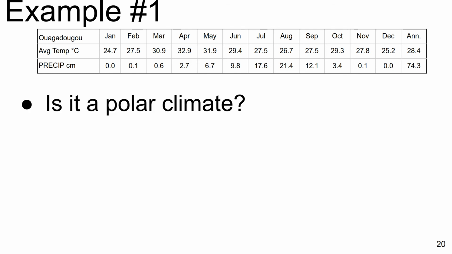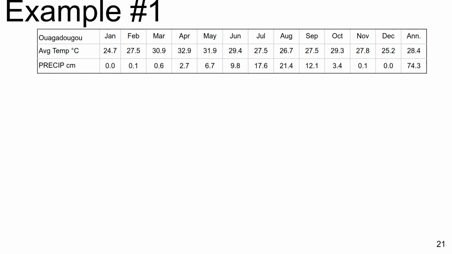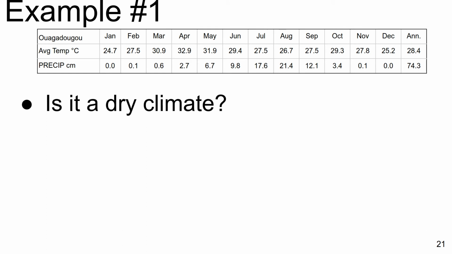The first question, I would break out your flow chart and work through this on your own. Is it a polar climate? Is every month below 10? Heck no. In fact, just looking at the temperatures, it's some sort of tropical climate, right? If we were just looking at the temperatures, it would classify as a tropical climate.